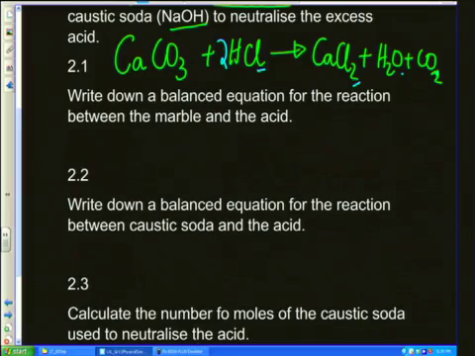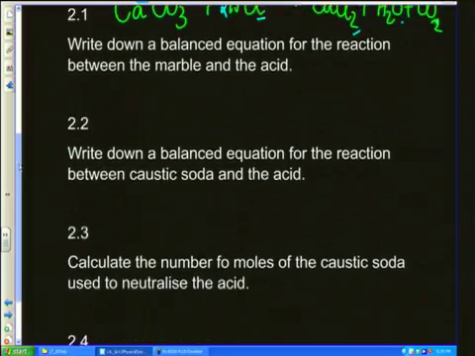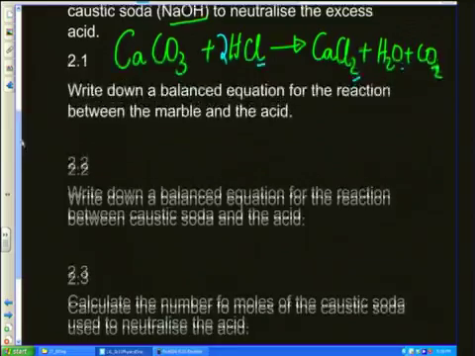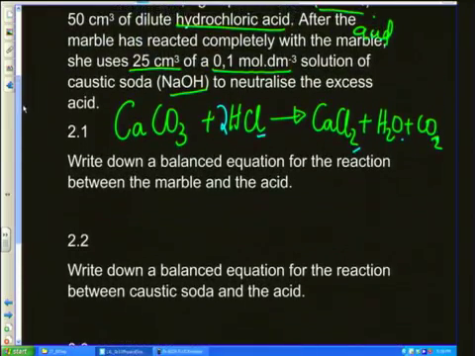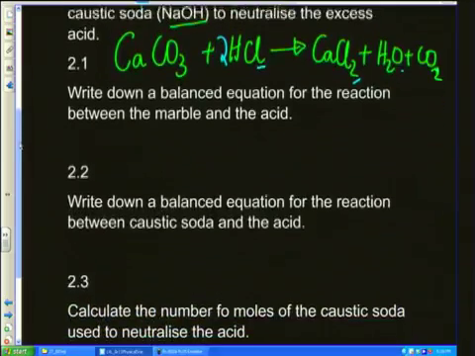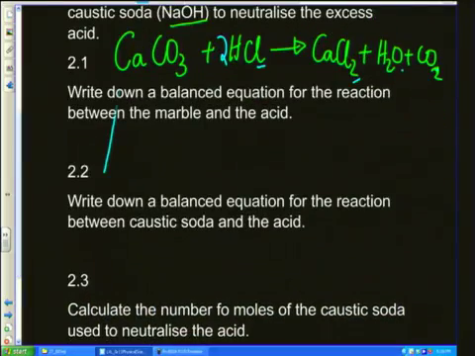So I'm fine. That has been balanced. Write down a balanced equation for the reaction between the marble and the acid. Okay, so that we have done. So that is that answer there.